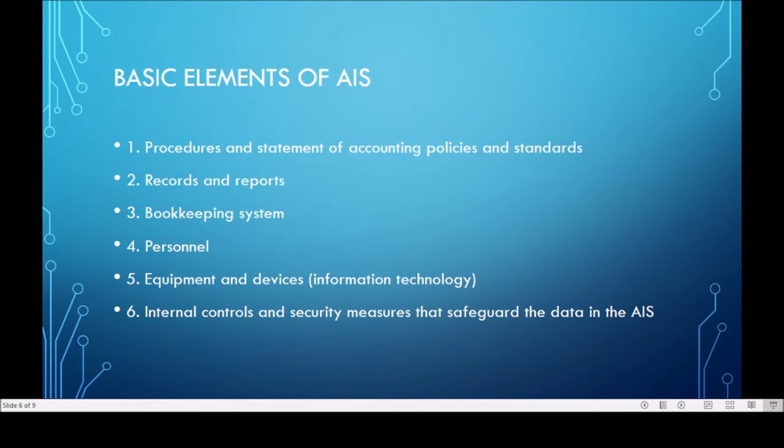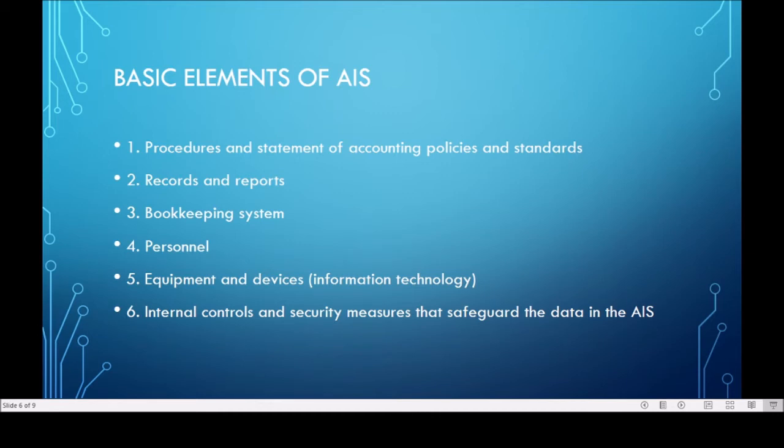Internal controls and security measures that safeguard the data in the AIS. For an accounting information system to be more reliable, it is important that we secure the data and even the information that the system can produce. Take note that part of accounting is confidentiality.